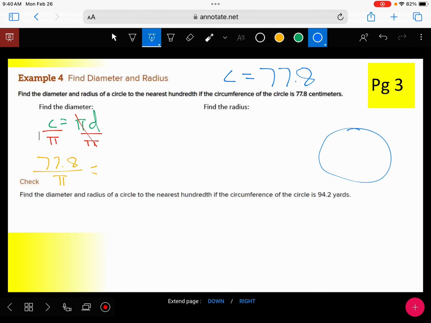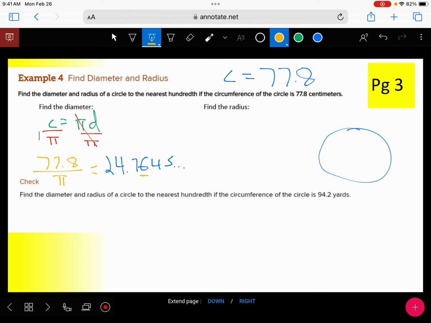Are you able to get it? Perfect. Awesome. So reading off a calculator, you should have got 24.7645, and it keeps going on. Remember, the hundredth place is just that second number.